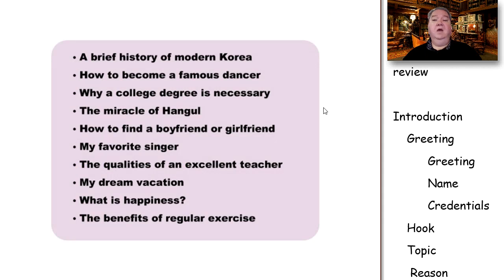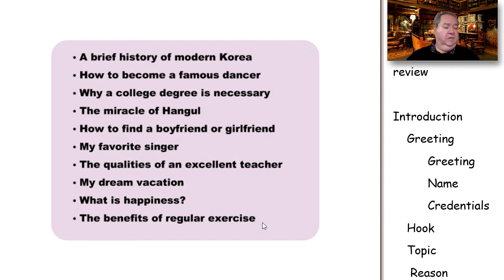Now, if we look at some other topics here, a history of modern Korea, how to become a dancer, why a college degree is necessary, Hangul, how to find a girlfriend or a boyfriend, your favorite singer, the qualities of a good teacher, your dream vacation, what is happiness, the benefits of regular exercise.